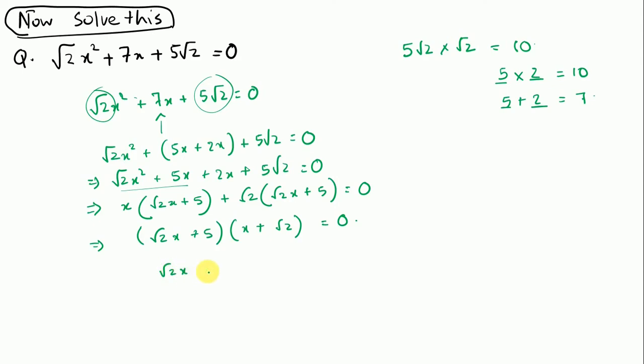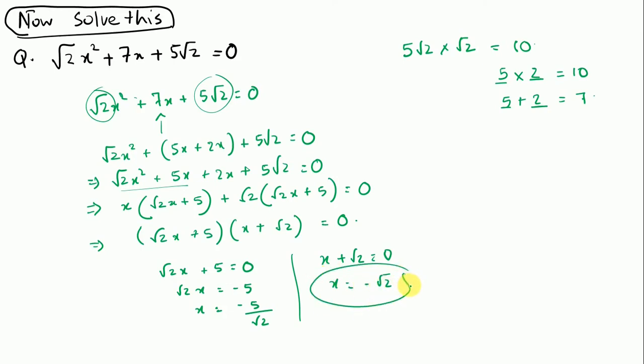So root 2x plus 5 equals 0, root 2x equals minus 5, x equals minus 5 by root 2. Second one also, x plus root 2 equals 0, x equals minus root 2. So these are the two values of x, or we can say the roots of this equation.